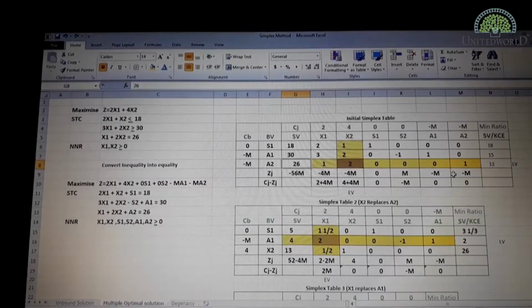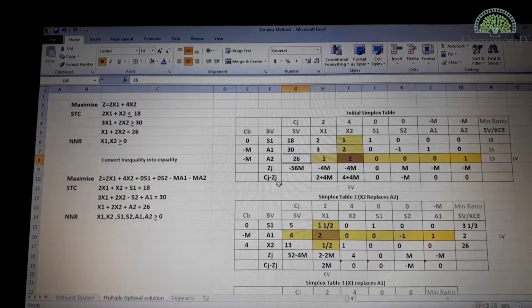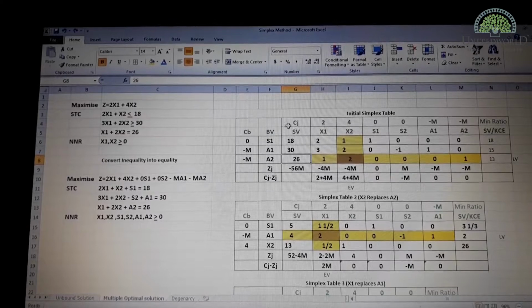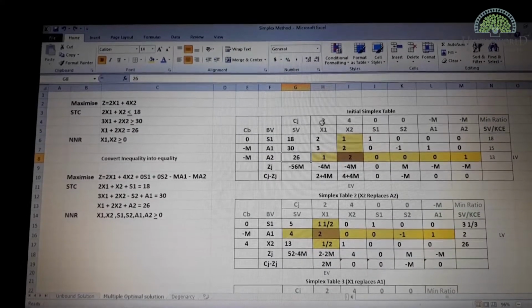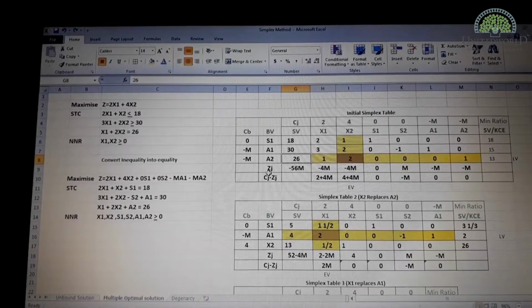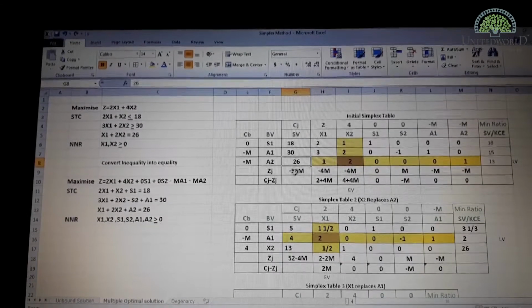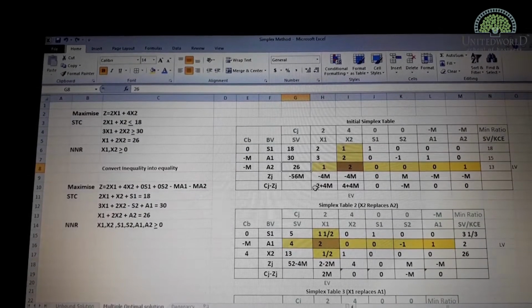Once you have got your Zj values, you will go to the last row, the Cj minus Zj row. As the term itself indicates, from the values given in the first row, headed Cj, you are going to subtract the values that you have computed under Zj. So the values would be 2 minus of minus 4m, which gives you 2 plus 4m.